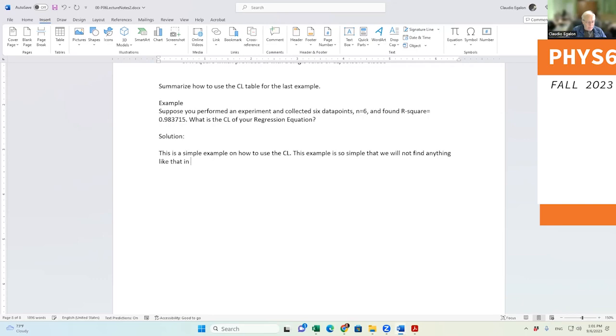However, we use this example so you can have a feeling for how the CL table should be used. Okay. And the way we do it, step by step.